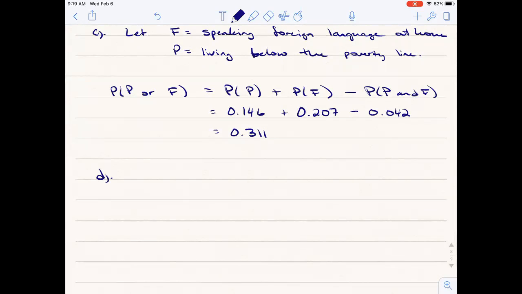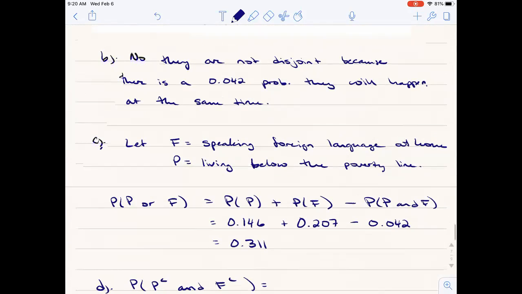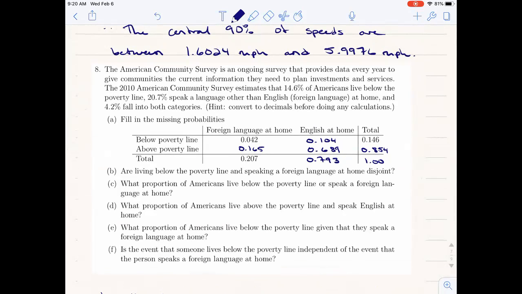D. What proportion of Americans live below the poverty line or live above the poverty line and speak English at home? So not P and not F. I'd say the easiest way to find this is just to look at the table.